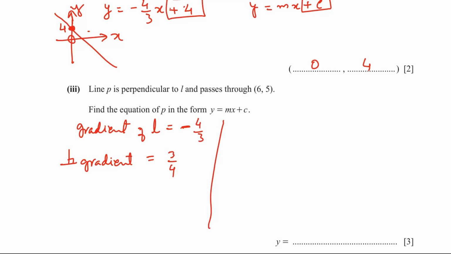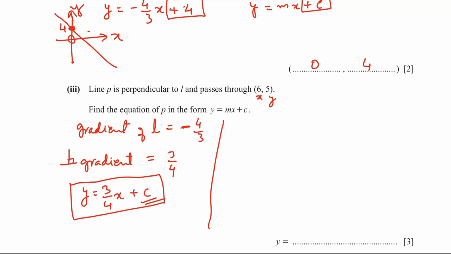Let me write part of my equation as y equal to 3/4 x plus c. Now we need to find the y-intercept. Let us substitute the values of x and y from the point so that we can find c. So y is 5, so 5 equal to 3/4 times x, which is 6, plus c.